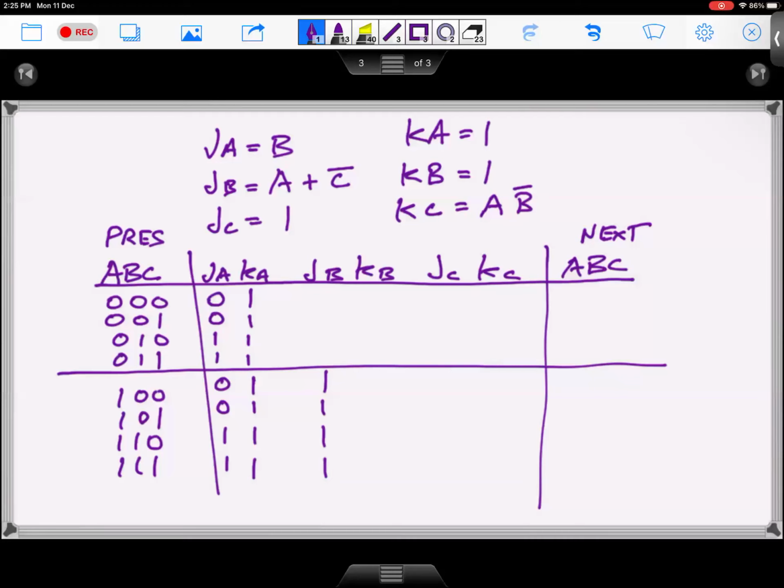And C bar will be the opposite of whatever C is. So C is 0. So we have 1, 0, 1, 0. And KB is just 1. Now, JC is also just 1.